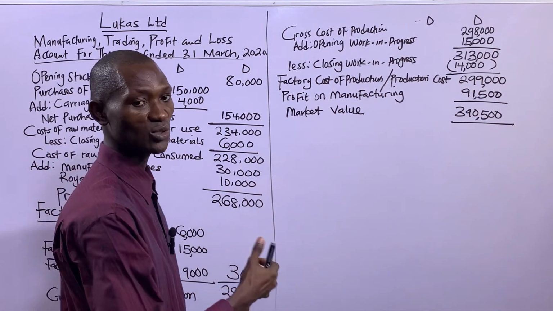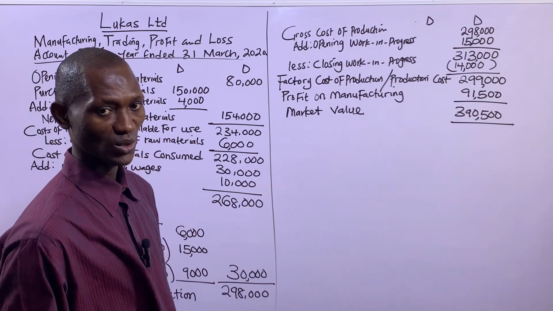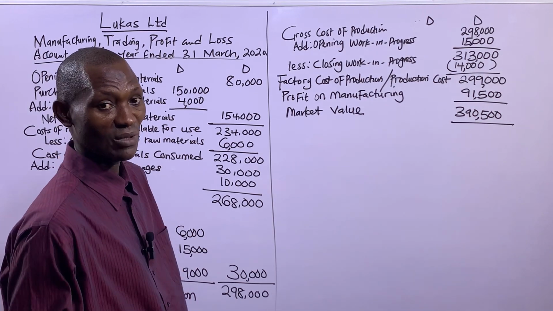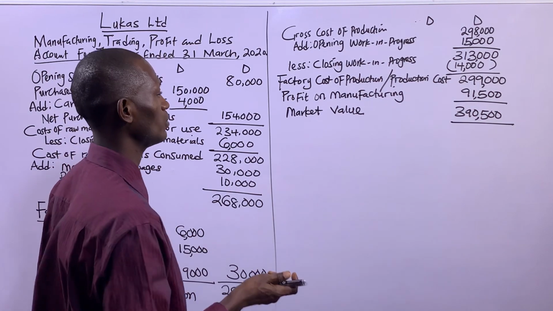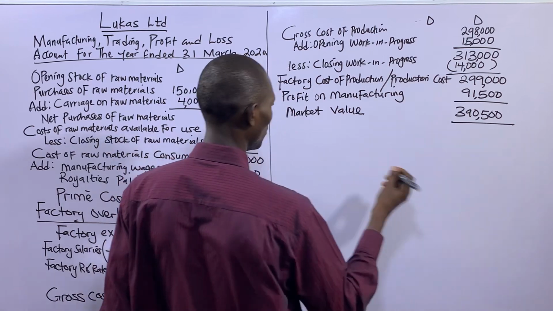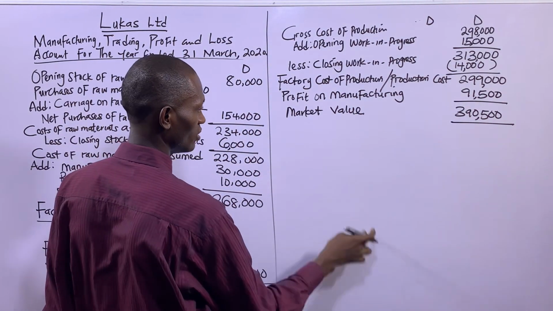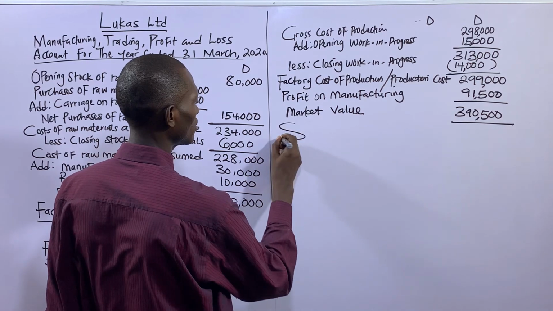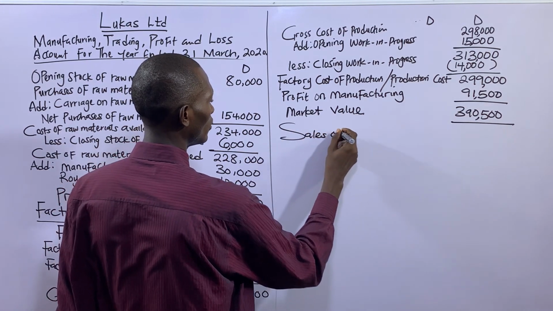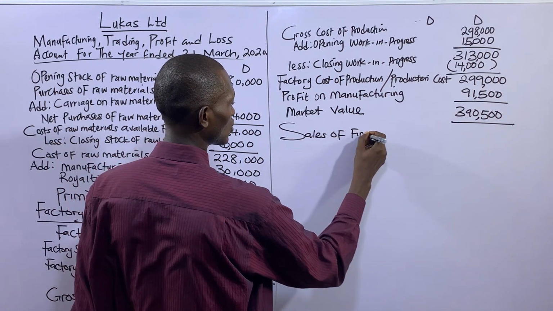Then we proceed to preparing our trading account, which is about finished goods. You don't need to leave a line, just continue. So we have sales of finished goods.